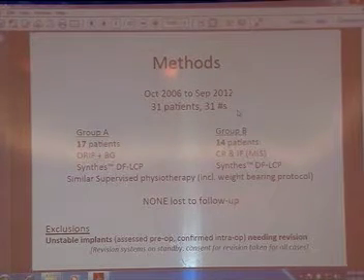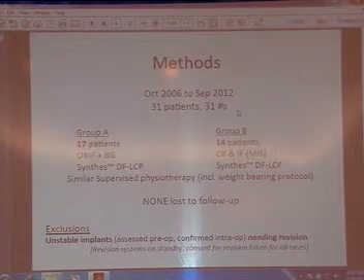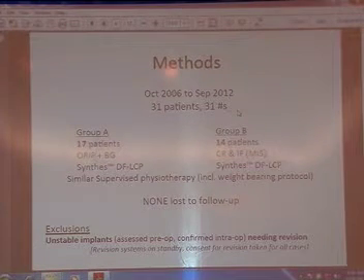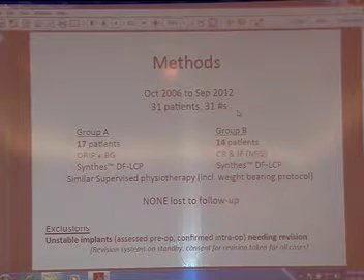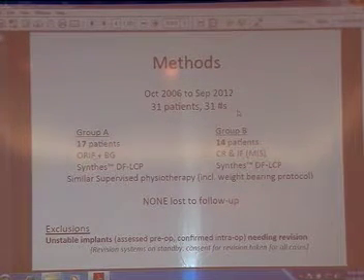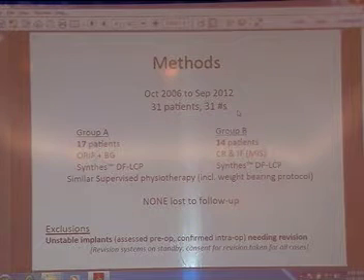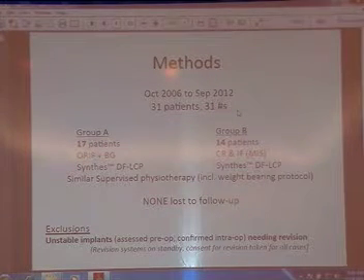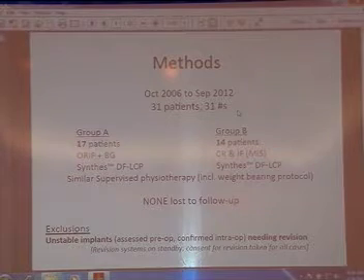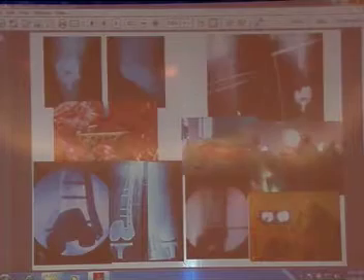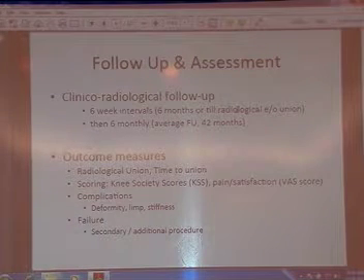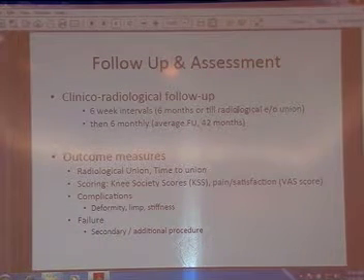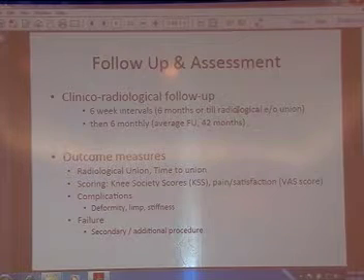We divided the patients into 2 groups, group A and B. In group A, there were 17 patients where we did ORIF plus bone grafting, and in group B, there were 14 patients where we did closed reduction internal fixation by MIS technique. Exclusion, follow-up and assessment: clinico-radiological follow-up at 6-week interval and then 6 monthly.